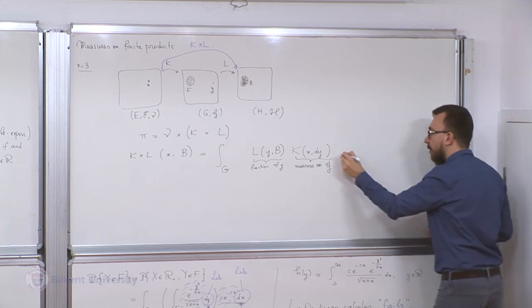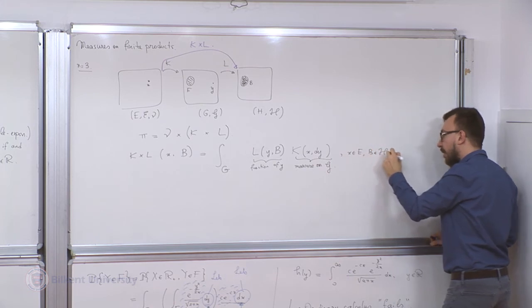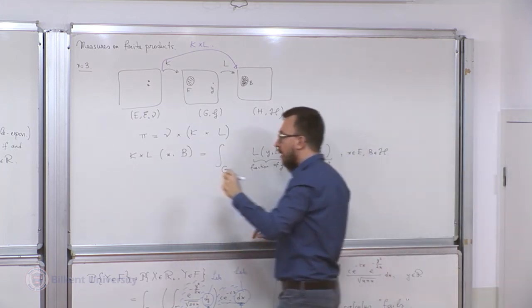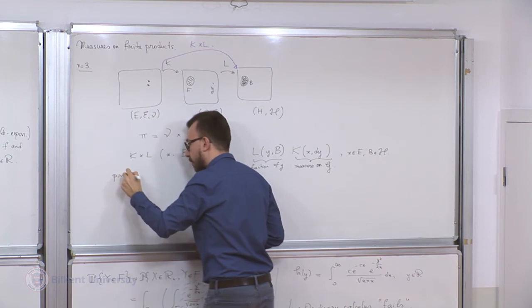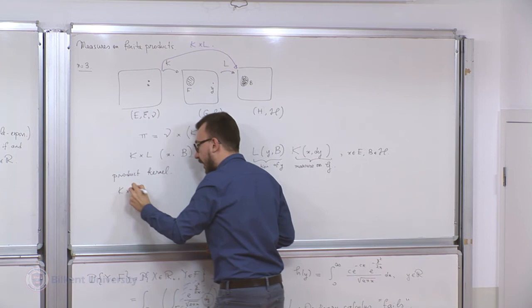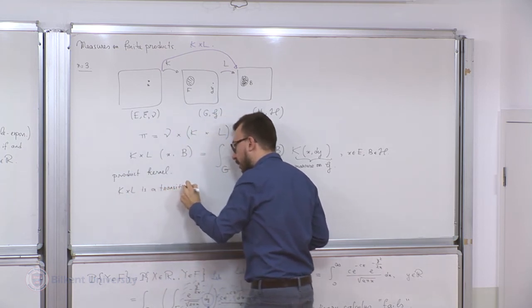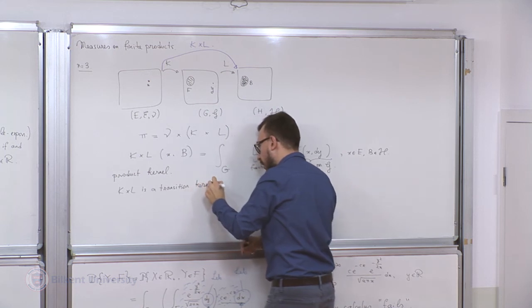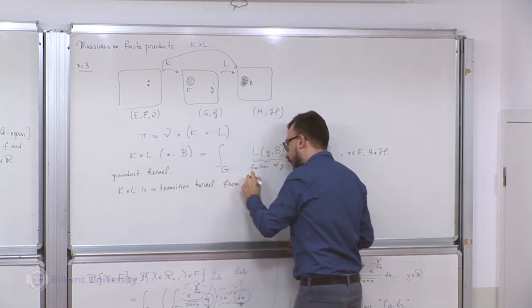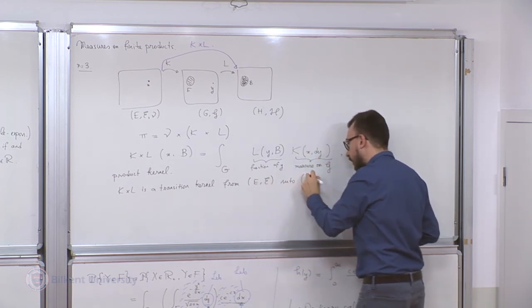So this is for x in E and B in H, and it is called the product kernel. So K cross L is a transition kernel from the first space into the last space.